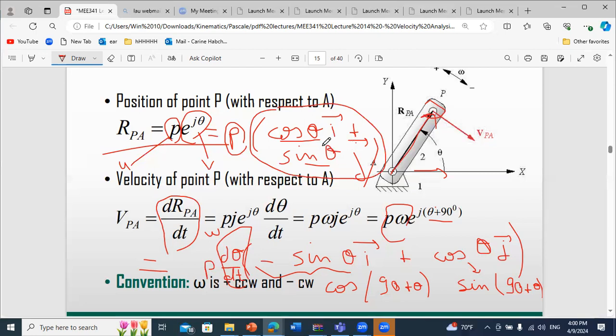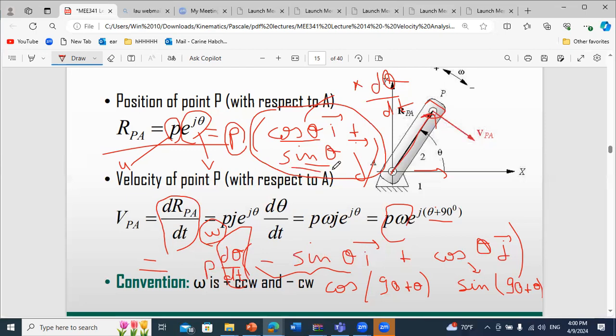Since I have cosine theta and sine theta, which are functions of theta, I can use the chain rule. I derive them with respect to theta, then I don't forget to multiply by d theta by dt, and d theta by dt is the angular velocity. So the derivative of this term will be omega times this derivative with respect to theta, which is minus sine theta i.